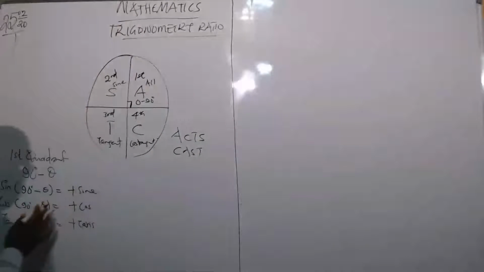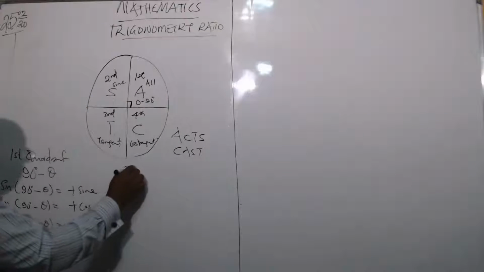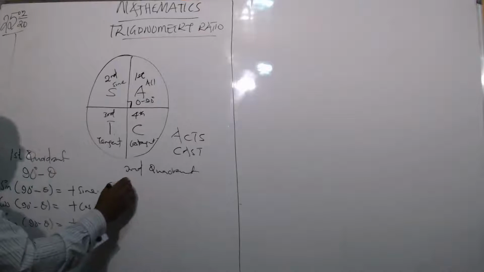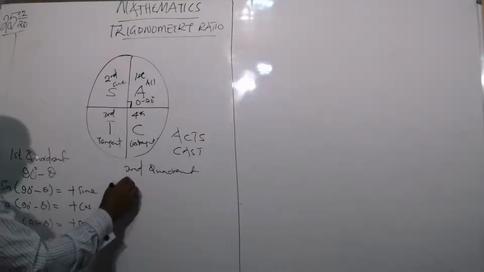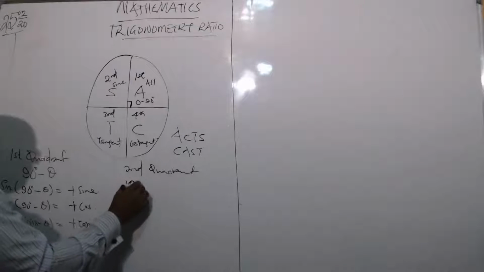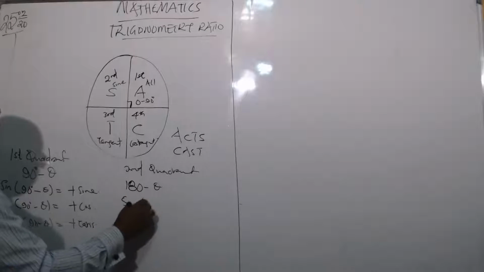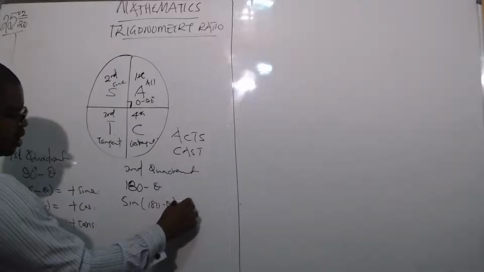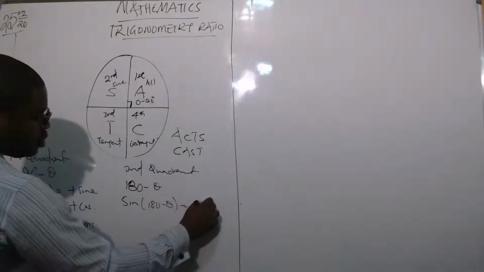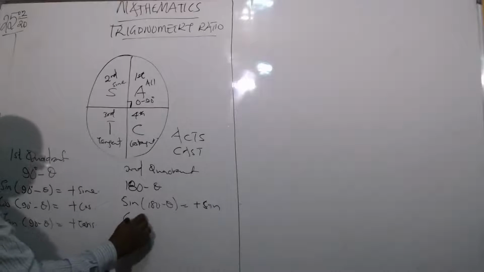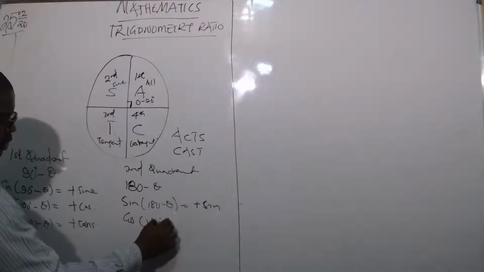Then knowing this, in the second quadrant, we are going to have 180 minus theta. We have sine of 180 minus theta. Our sine there is positive. We have cos of 180 minus theta.